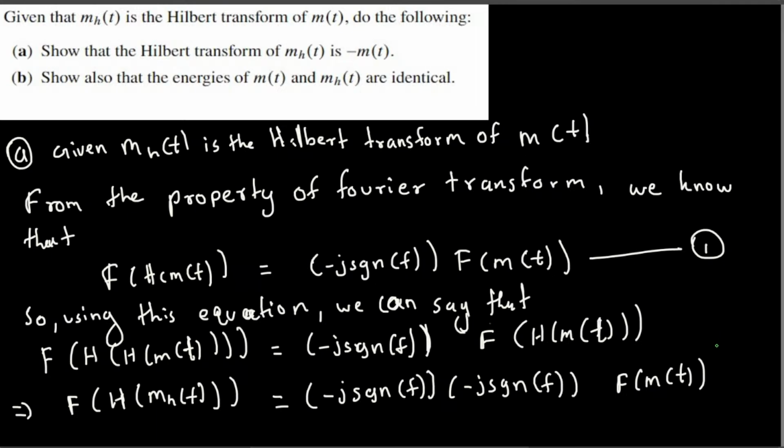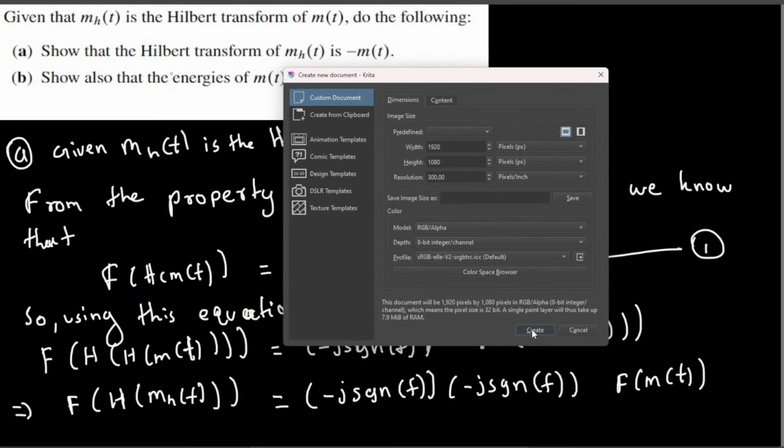Okay, now when we multiply these two terms, it's going to be J square sine square, and this is going to remain the same. So I'm going to go ahead and continue in the next page.